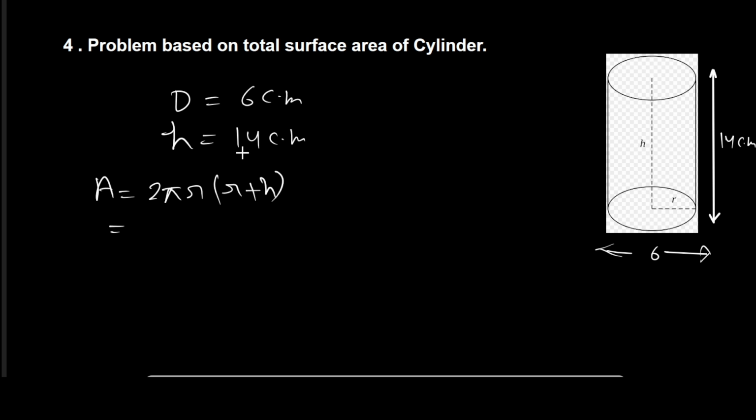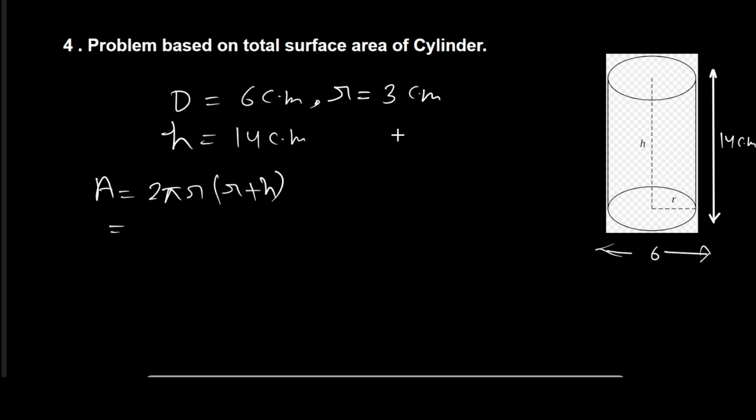Now plug all the values into this formula, and if we take a look, it is given in the form of diameter. So we have to find the radius of this cylinder. We know that the radius of a circle is half of the diameter. So the radius of this cylinder is 3 centimeter.